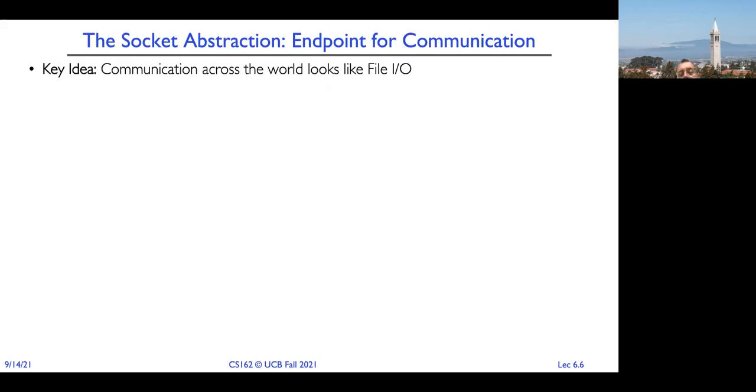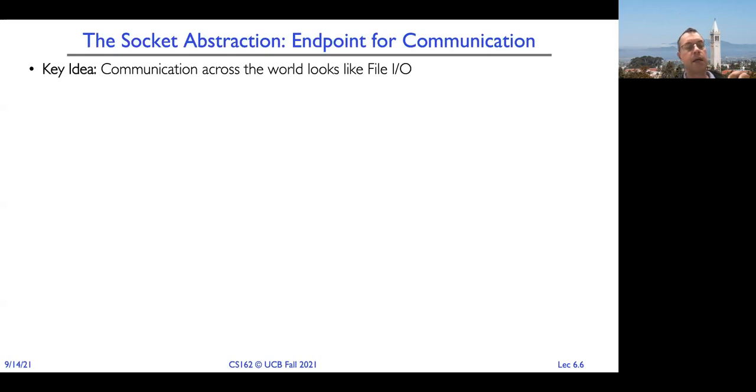And now, okay, but what is the abstraction, right? How do we manipulate this kind of connection? And remember that one of the big things about Unix is that everything looks like a file, or at least has very similar abstractions. The same is true for communication, like we saw for pipes last time.